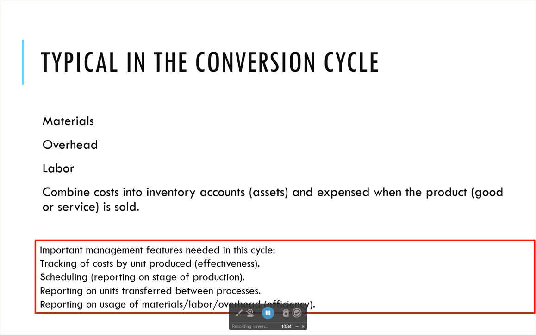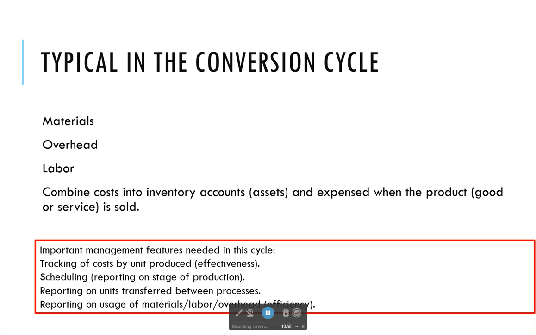You're thinking about what you need in terms of logistics to get everything in place so that you can produce and provide. When there are different processes involved, you have to report on the units that are transferred. This is typically what happens with process costing and stages of production.